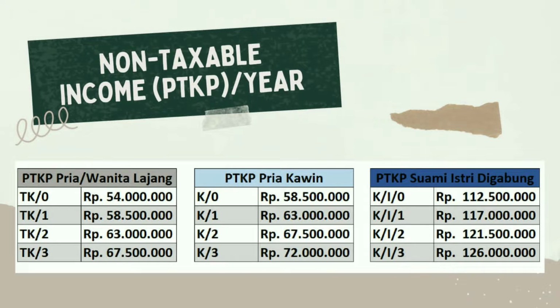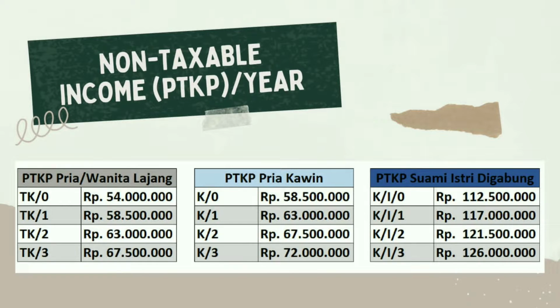Furthermore, for married PTKP, the status K0 means married with 0 dependents, with an additional 4,500,000 status. Then 54 million, namely male or female PTKP, plus dependent 4,500,000, resulting in 58,500,000.